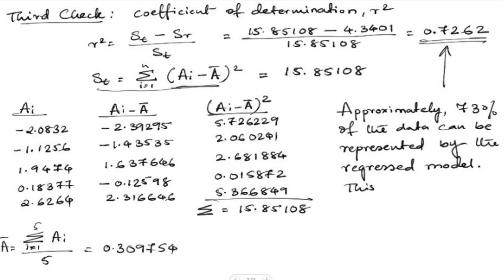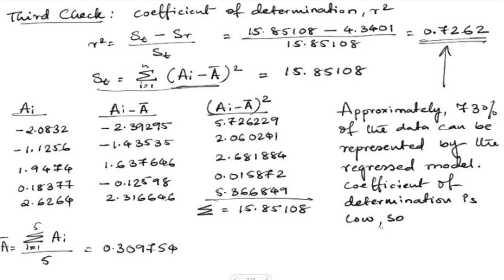Or maybe we can say coefficient of determination is low, so it is not adequate. That's the end of third check.